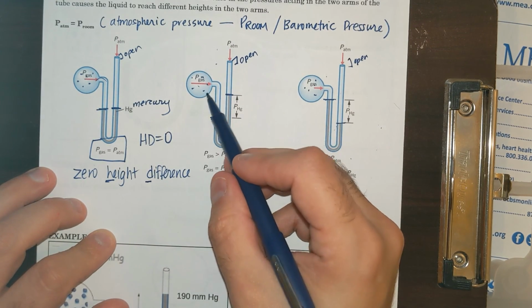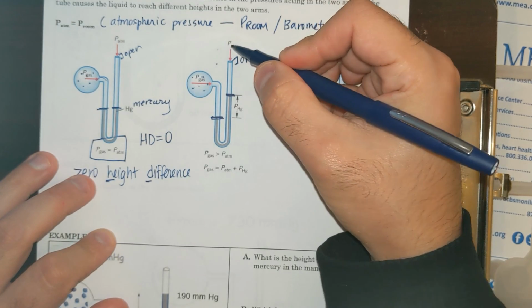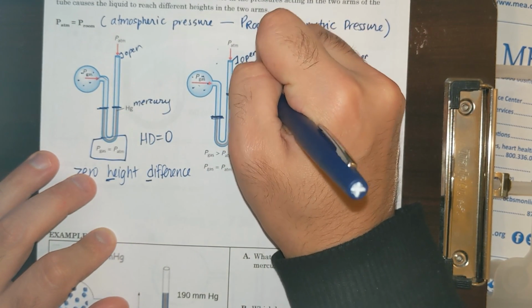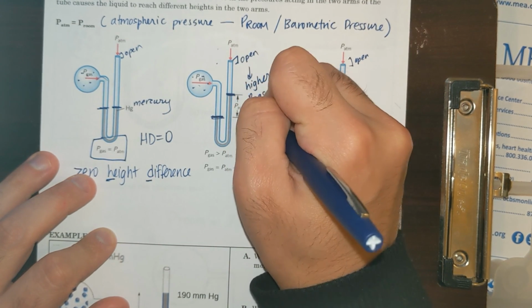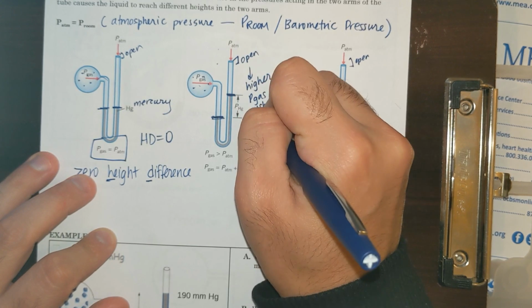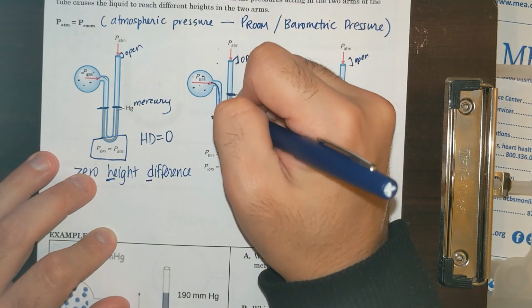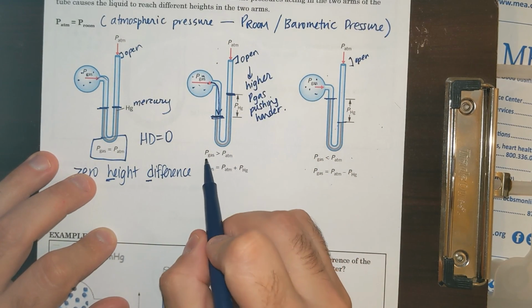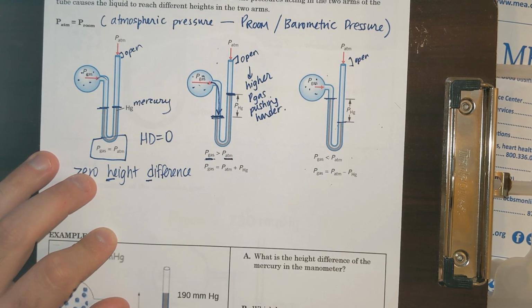Now, when it looks like the open side is higher, that means my gas is pushing harder. So my pressure of gas is pushing harder than my air, and because of that, the pressure of my gas is going to be greater than the pressure of my atmosphere.